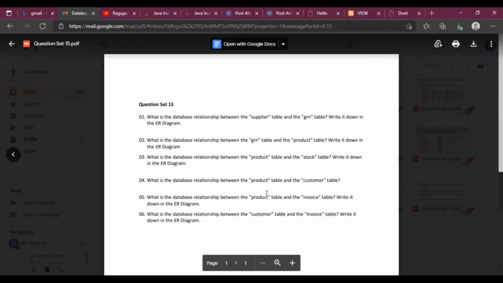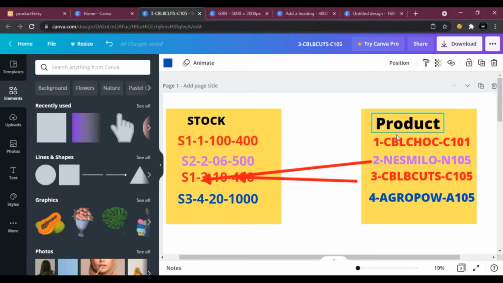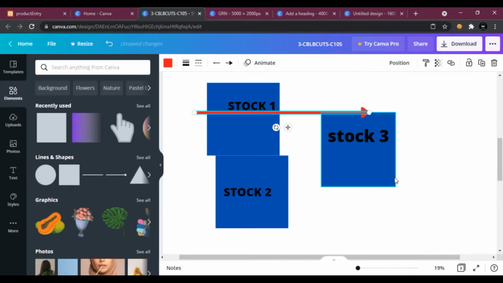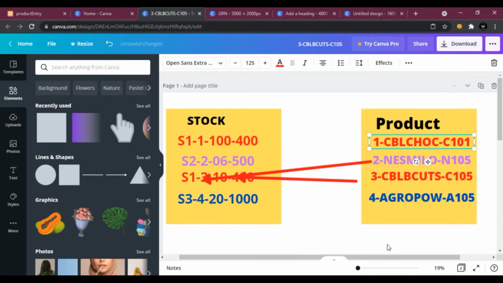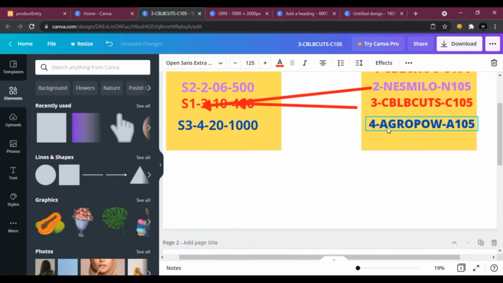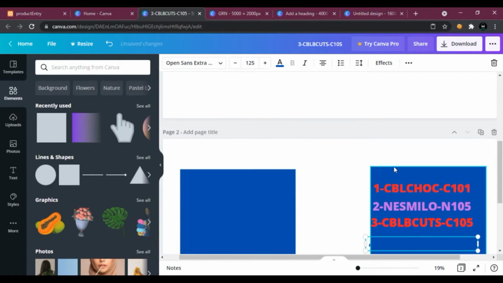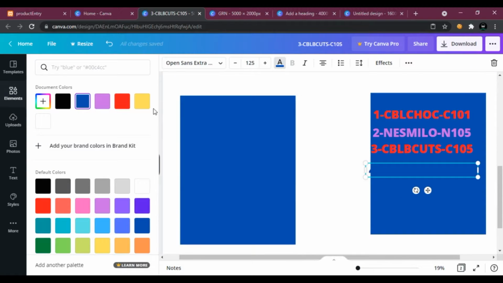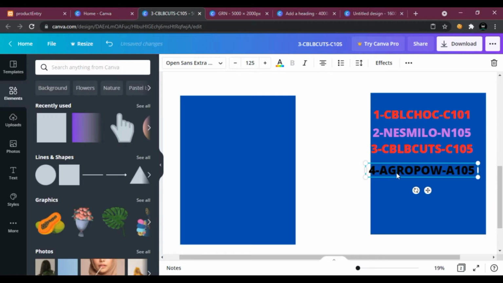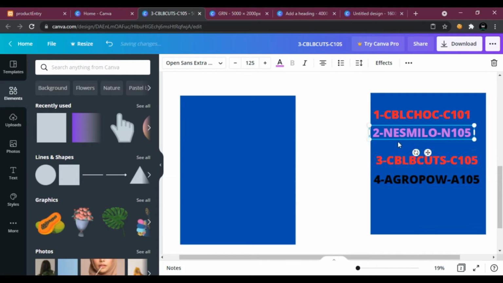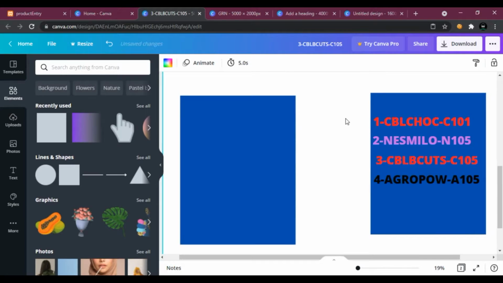What's the relationship between the product and the customer? So this is the product table.